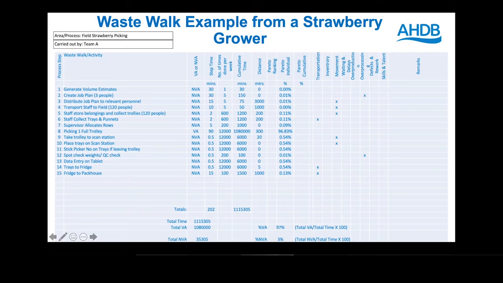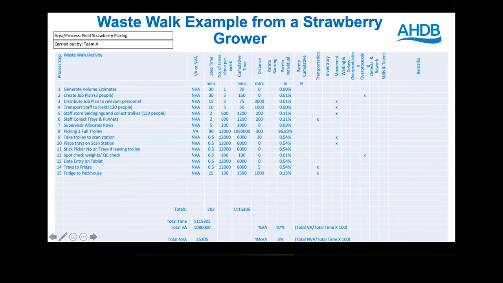And then you've got the ones done more frequently, which is picking of the trolleys across 120 people. That's the vast majority of the activity. So when you multiply the individual step time by the number of times you do it per week, you get the accumulative time that you see down here. And the vast majority of the time is involved within this particular process step.